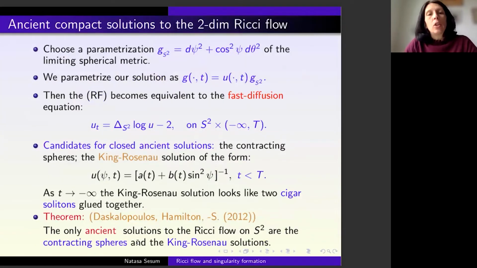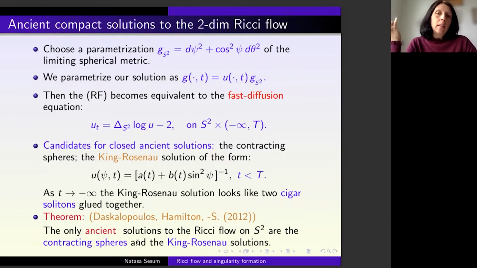So hence, we can choose this parametrization, which is just a global parametrization on a sphere of a round spherical metric, and I can then write the solution to my flow as g is equal to u times this limiting metric g_S2. So the Ricci flow equation in this case, but this holds only in dimension 2, is equivalent to the evolution equation of this conformal factor u.